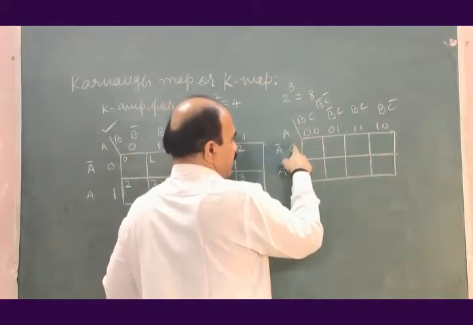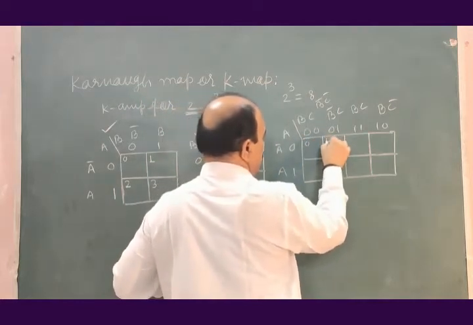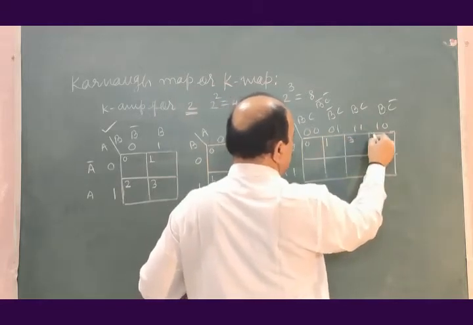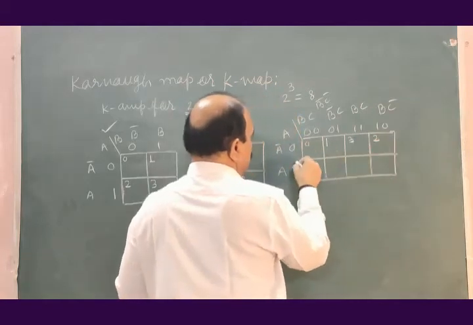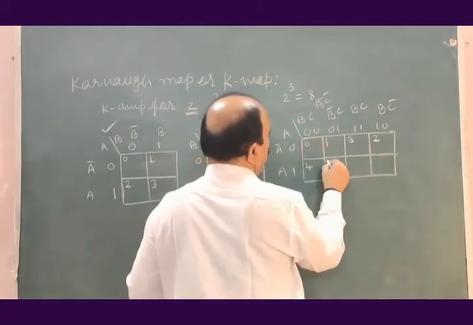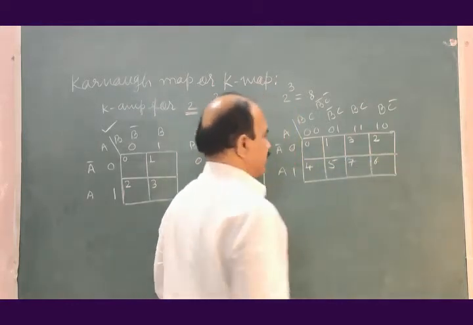A, B, C, 0, 0, 0, its value is 0; 0, 0, 1, value 1; 0, 1, 1, value 3; 0, 1, 0, value 2; 1, 0, 0, value 4, 5, 7, 6.